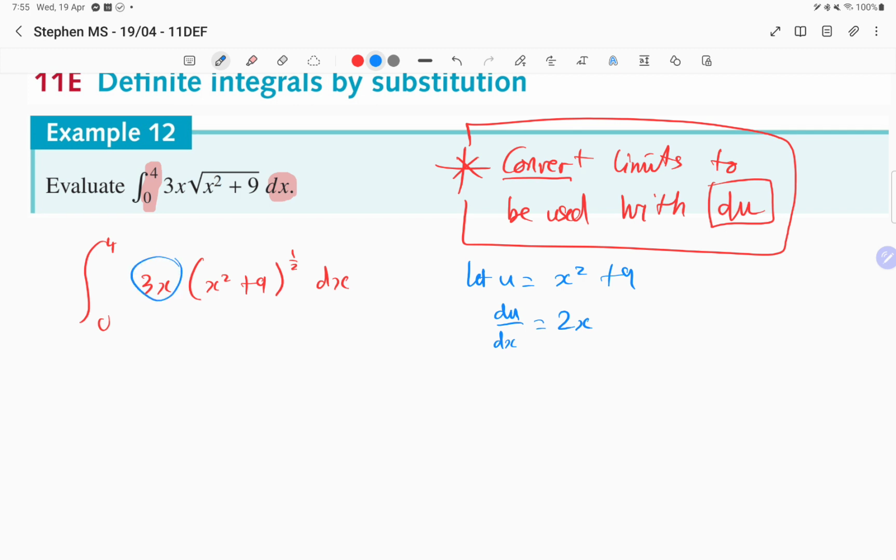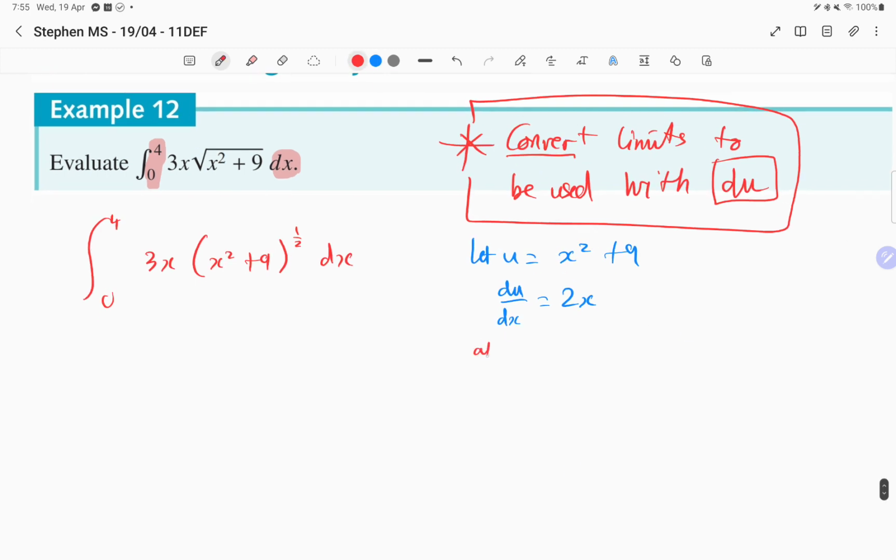It's the same thing again. You want 2x and you're given 3x, so you move the 3 out and divide by 2. But the new thing is, you need to add x equals 4 and x equals 0. What is u? That's converting the limit to be used with du, this step here.